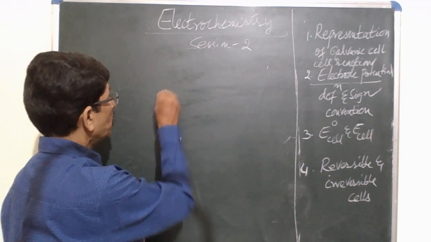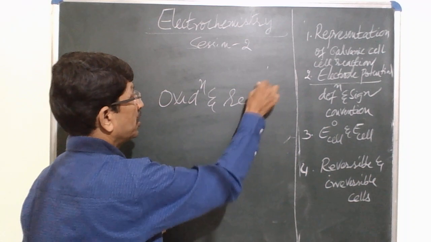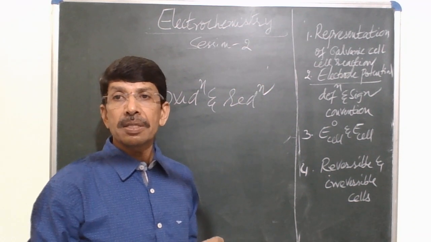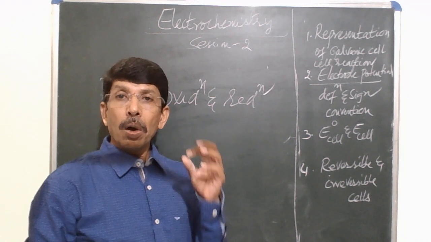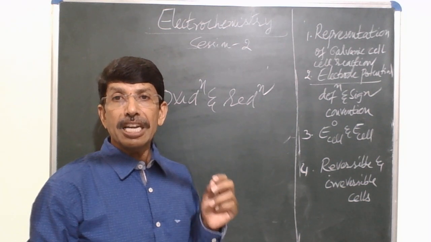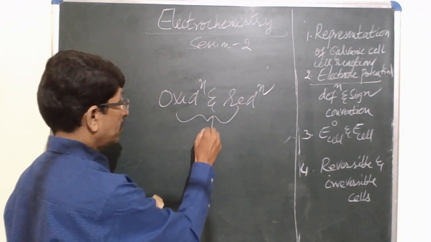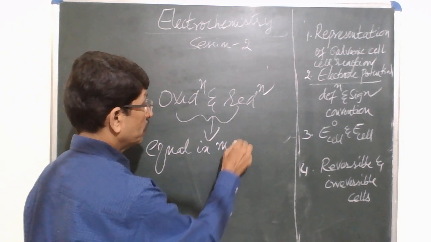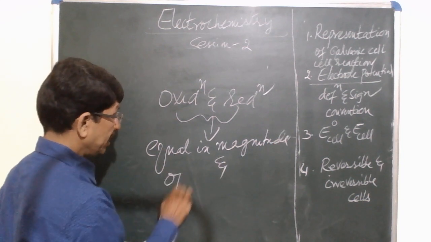When an electrode possesses both oxidation and reduction potentials, how are these potentials related? All reversible electrodes possess both oxidation and reduction potentials. Oxidation and reduction potentials are equal in magnitude and opposite in sign.